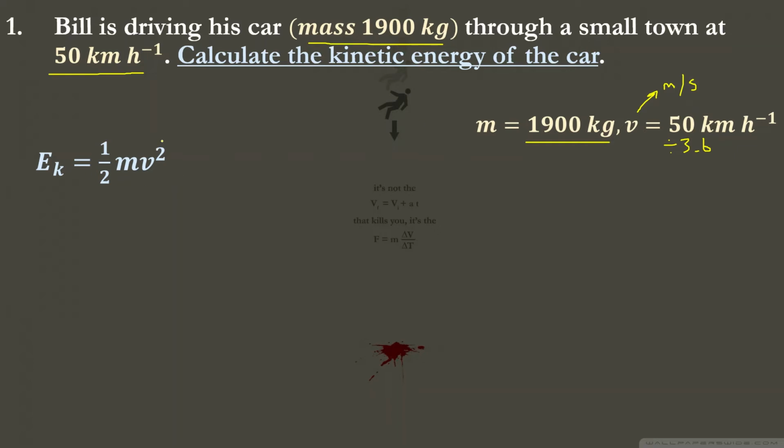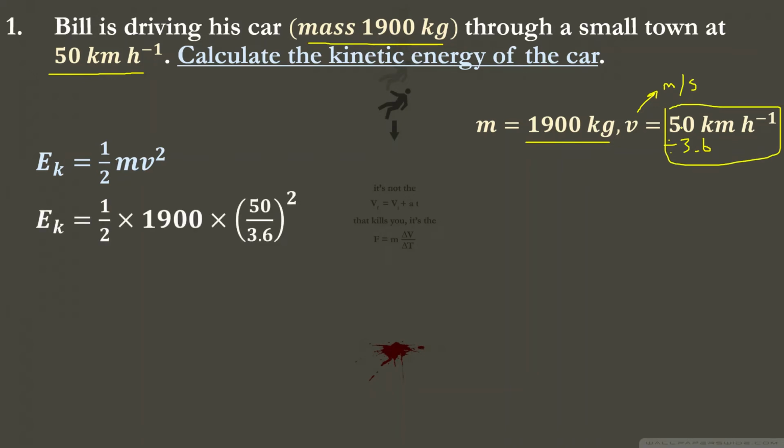Substitute that into our equation here. So m will be 1,900, and then v squared will be this value here. So we have that m there, v converted from kilometers per hour into meters per second.